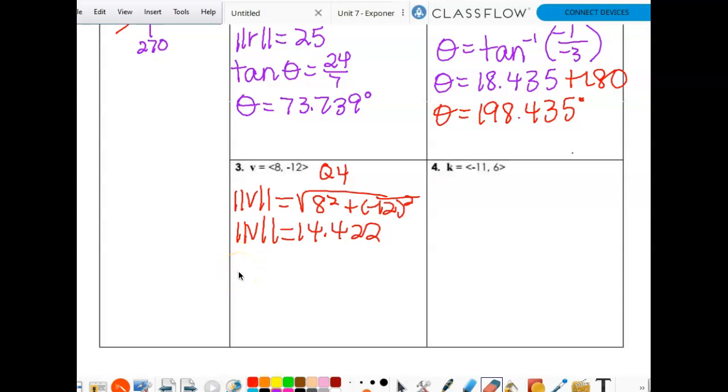So then we're going to do the inverse tangent, and it's -12 over 8. And the theta that it spits out is -56.309.